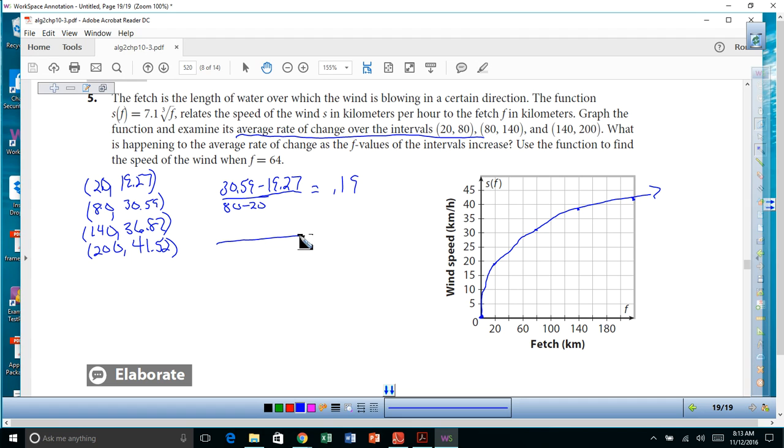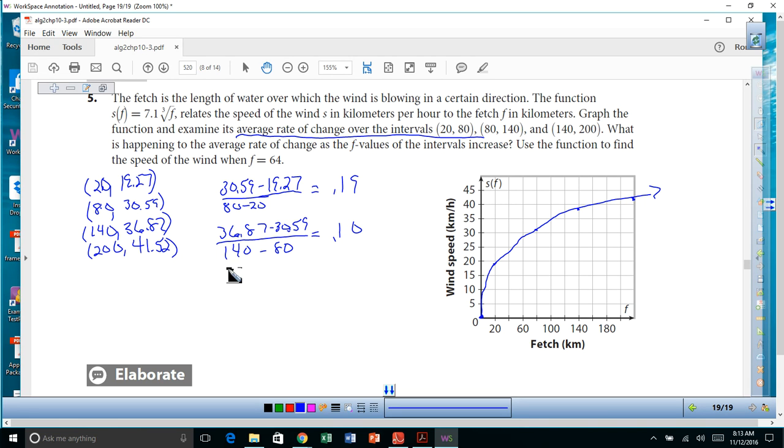And then the next one was 140 minus 80, and that's going to be 36.87 minus 30.59 in the numerator for an average rate of change of 0.10.